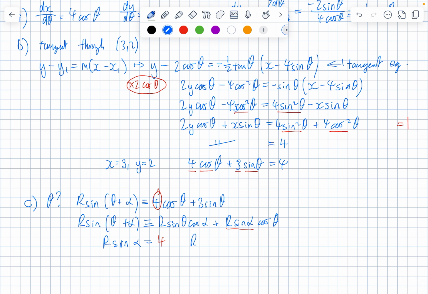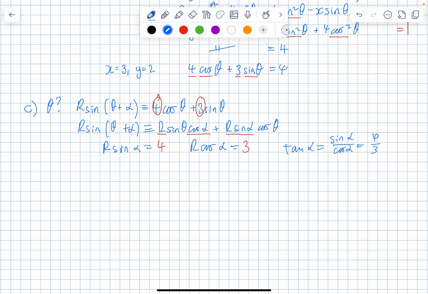I look at my original, and that's 4, so my R sine alpha is 4. Now I want R cos alpha. Again, I look at my original, my R cos alpha is multiplying sine theta, which is a coefficient of 3, so that's 3. Now I know that tan of alpha is sine of alpha over cos of alpha, which is 4 over 3.